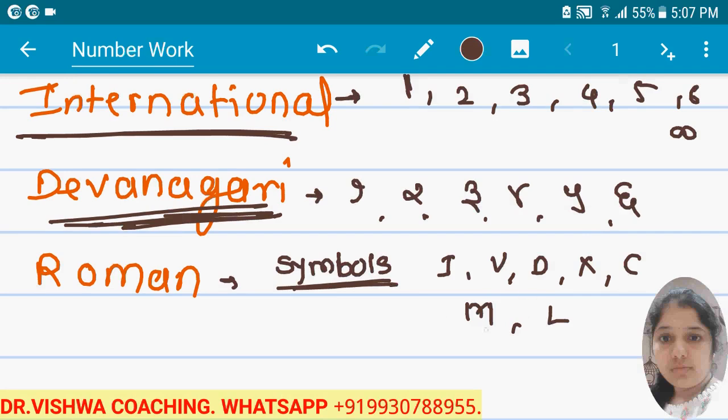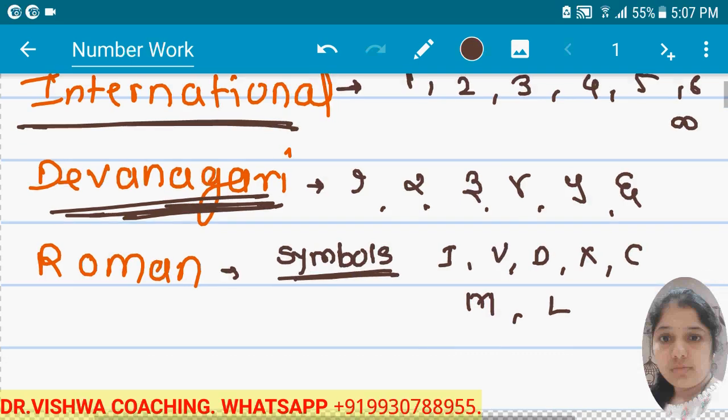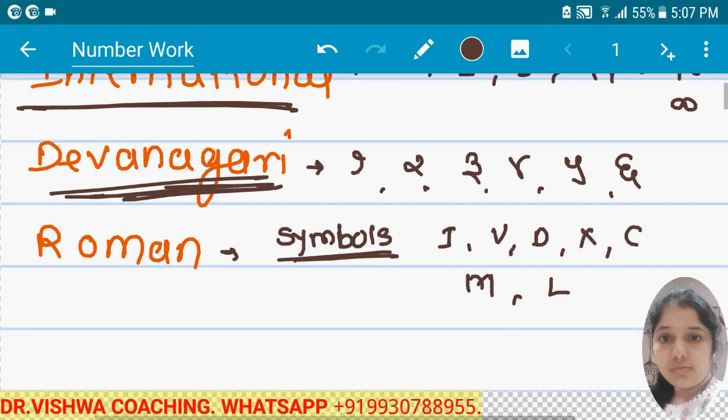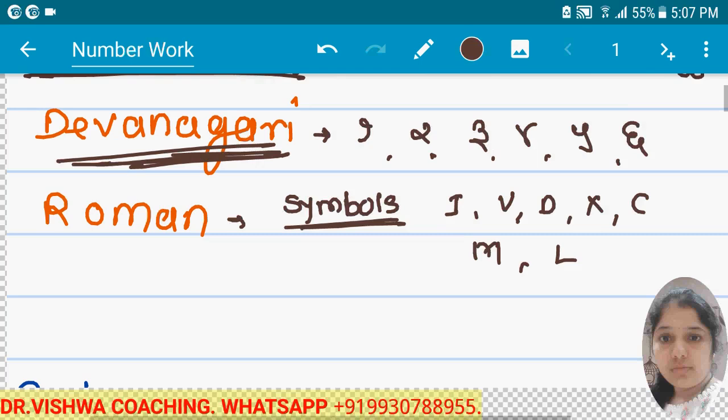These are the symbols which we use to represent the Roman numbers: I, V, X, L, C, D, M, meaning 1, 5, 10, 50, 100, 500 and 1000. Yes, these are the symbols which we use to represent the Roman numbers.